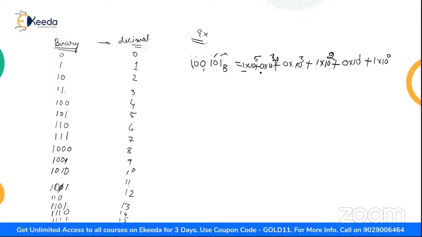So these are your 1 0 0 1 0 1. We have put the weights on radix or base 10.